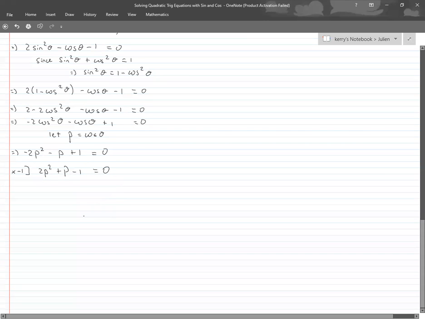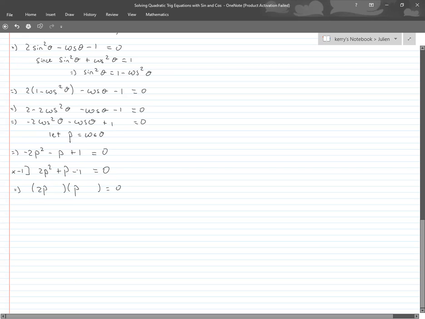Right? Again, there are multiple ways to solve this: quadratic formula, factorization, different ways of factorization as well. So I will go again with the trial and error. So this is 2p and p. Now the problem with this one is that one of these numbers is negative, right?